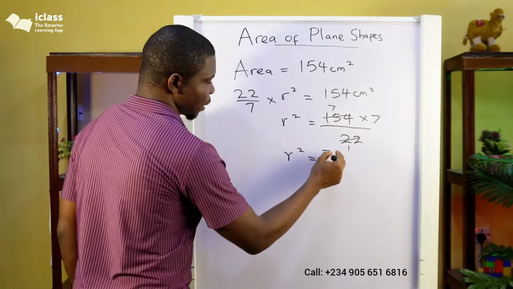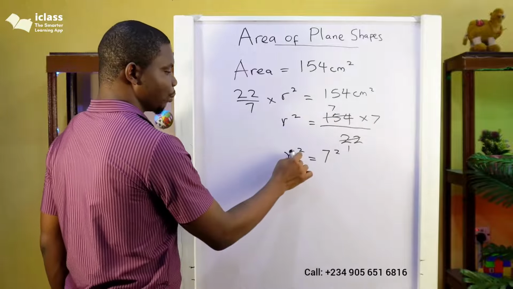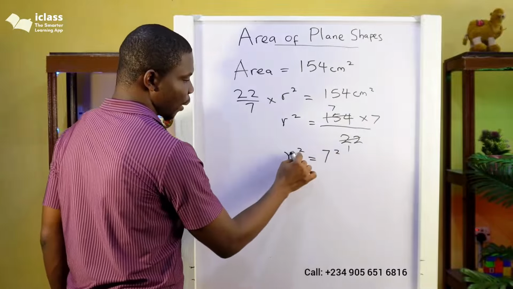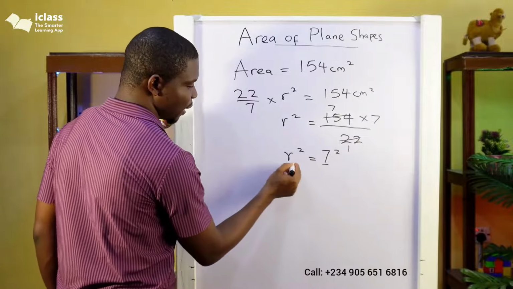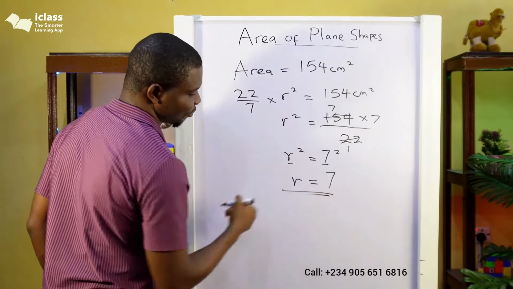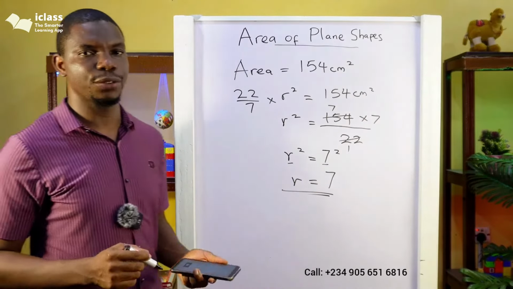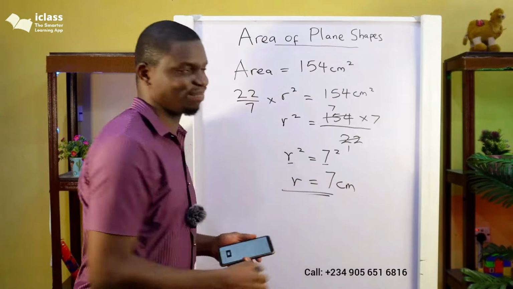We can write that as 7 squared as well, right? 7 times 7 is 7 squared. So since the powers of these indices are the same, the bases have to be the same. So r is also equal to 7. So the radius of this circle is 7 centimeters.